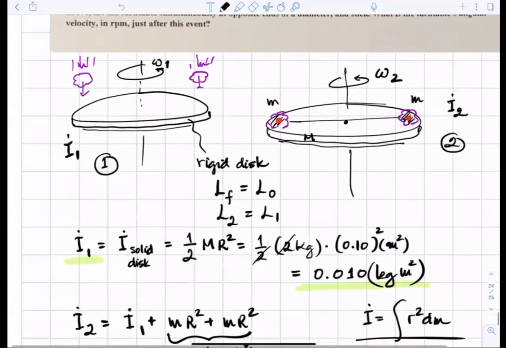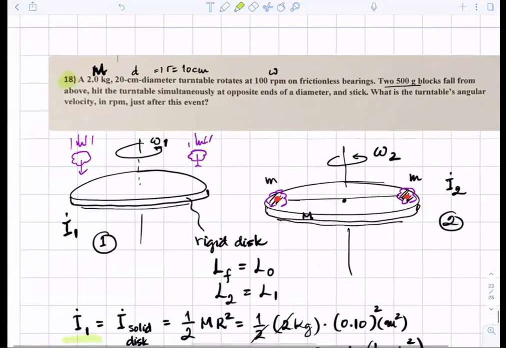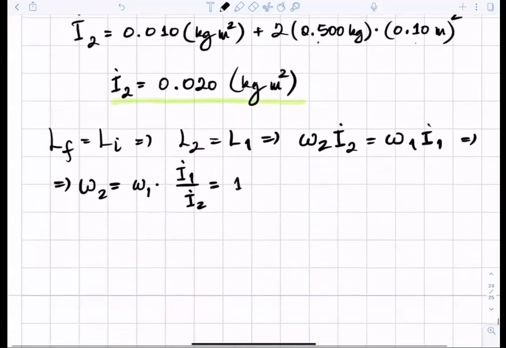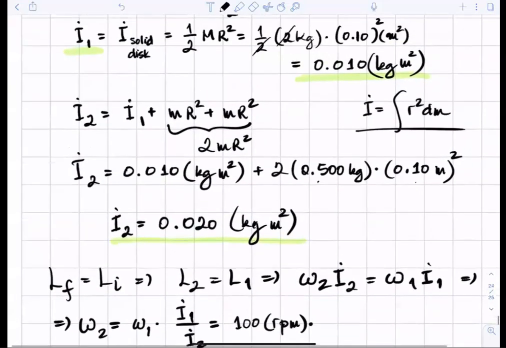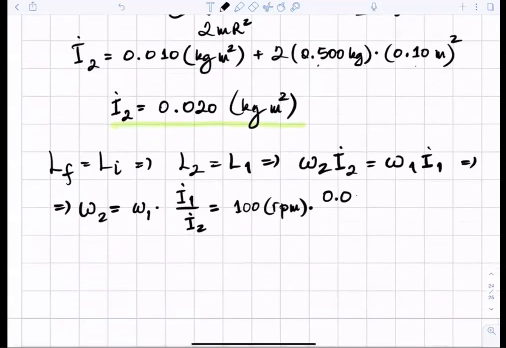Oh, they tell you in RPM. So you need to find that in RPM, meaning we don't have to convert much. We're going to leave omega 1 as 100 RPM, and I1 was 0.010. The other one is 0.020. The kilograms simplify out, so it is meter squared per meter squared. Final answer, as you can see here, it's 50. And those are RPMs.